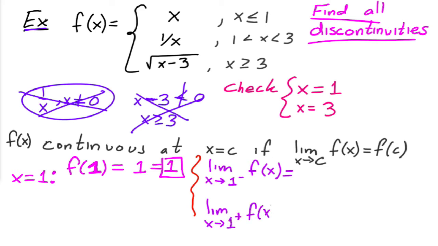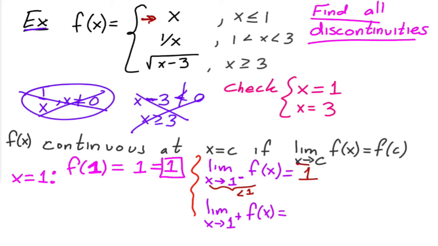For the left one, the limit as x approaches 1 from the left, that means the values of x are less than 1, which means when choosing which one of these to use, I'm going to use this first one because it is defined for values less than 1. So I'm just going to plug 1 into this function right here.